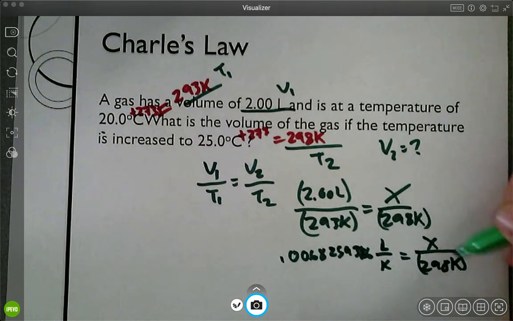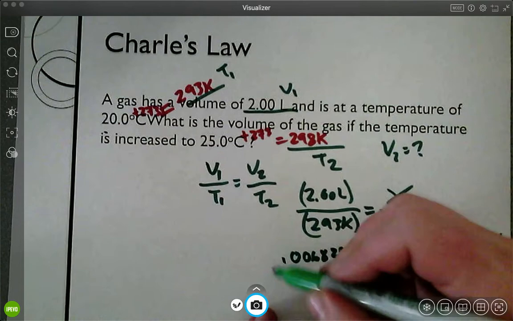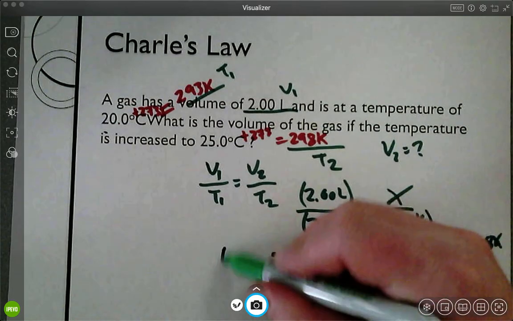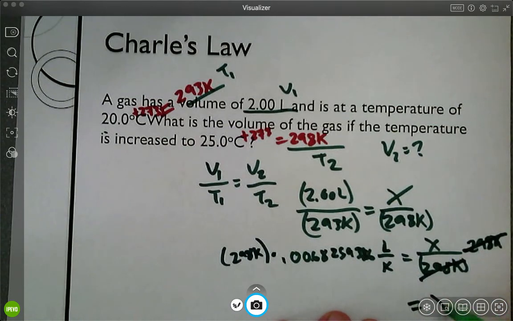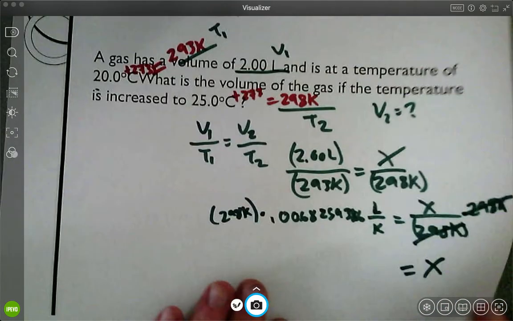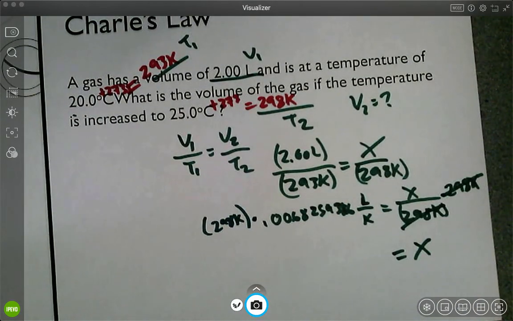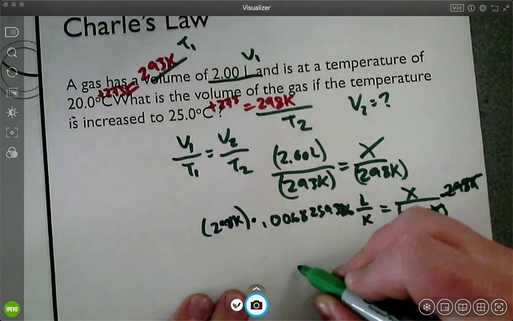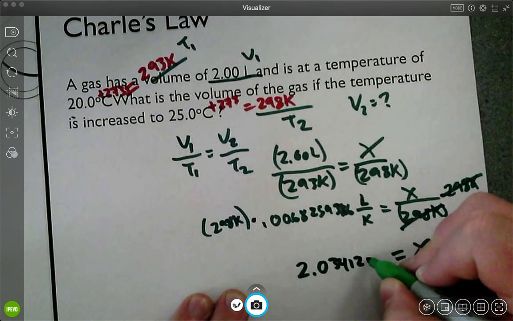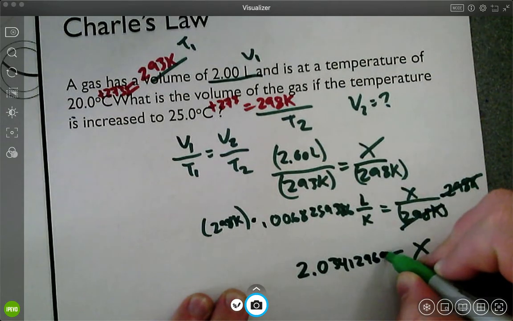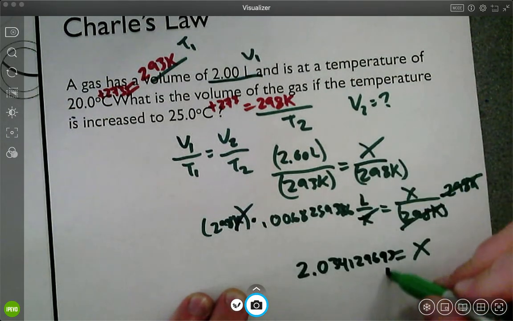Now to get X by itself, multiply by 298 Kelvin on both sides. That gets rid of it over here, so it's just X. This side is 298 times what we had before, which is 2.034129693, and Kelvin cancels, so we're left with liters.